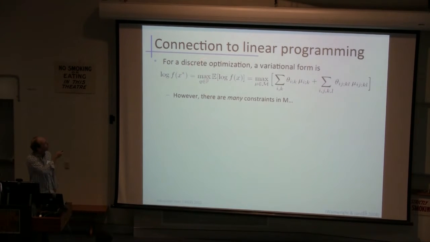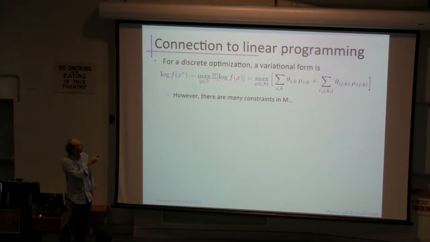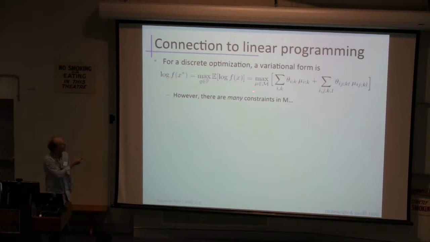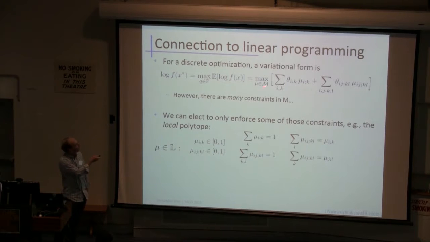If we have this discrete optimization problem, the variational form is an optimization over distributions Q of the expected value of theta. And so that's a maximization over probabilities that live within this marginal polytope of this linear form. Unfortunately, there are a lot of constraints on these possible marginal probabilities. But if we only enforce some of them, for instance, here's a subset of things that any probability vector mu must satisfy, right?